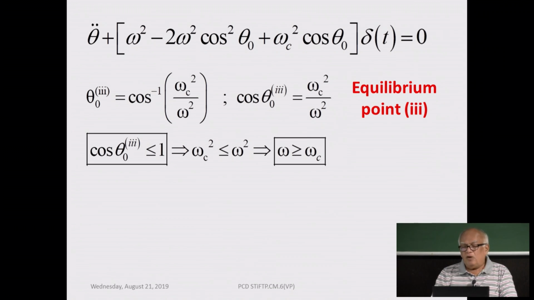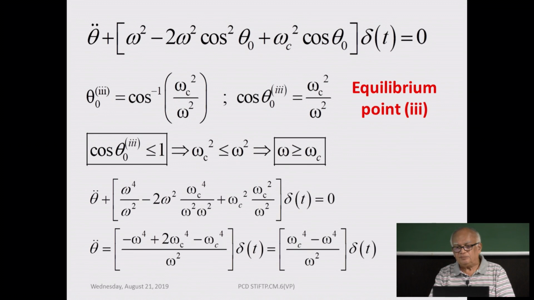So, the angular speed will always have to be greater than the critical speed. So, you will not have any intermediate angle as an equilibrium point unless you have the hoop rotated about the vertical axis above that critical angular speed, which is omega greater than or equal to omega c. So, that is a necessary condition, and you are guaranteed that omega must be greater than or equal to omega c.